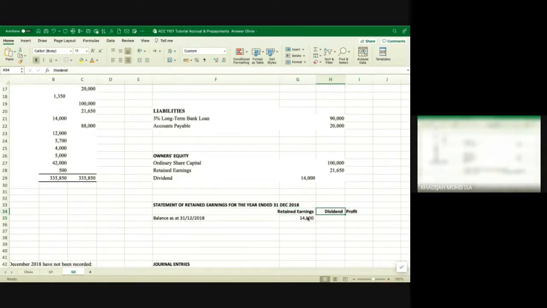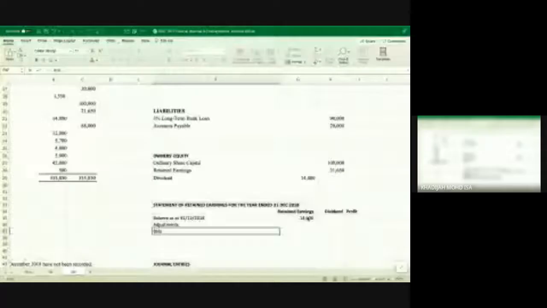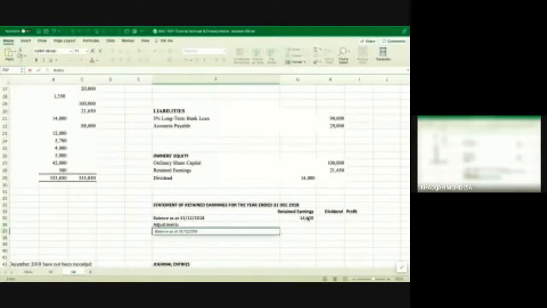I think that because you have an adjustment here, and then you have the balance as at, because this one is the unadjusted. It's okay, leave it first. I just wrote it as adjusted balance.